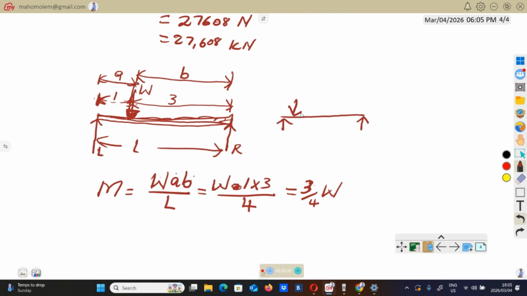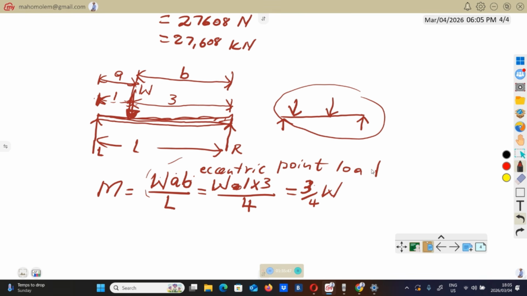Once we have two loads like this, one load applied there, one load applied there, you can't use this formula. So this formula, you use it when we have an eccentric point load, meaning that when you have a point load not applied at the midpoint, or in the middle, like this one, this point load is not applied here.